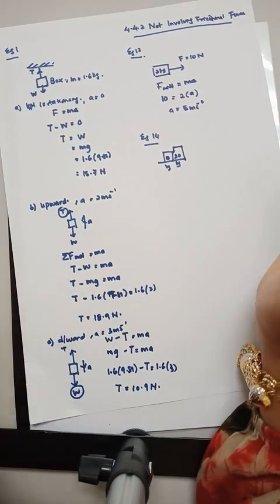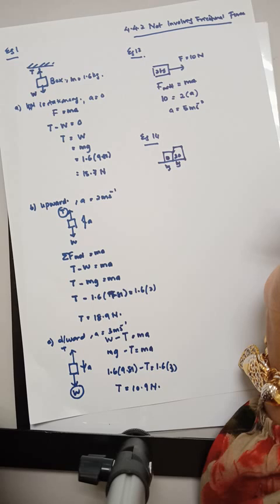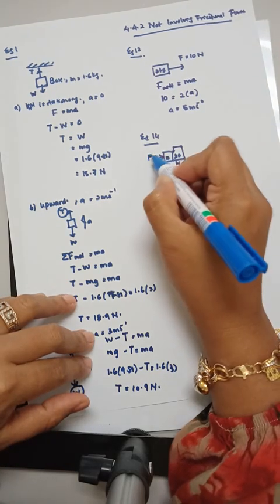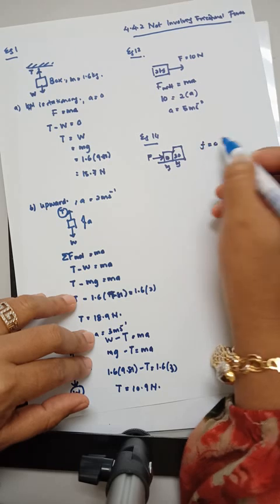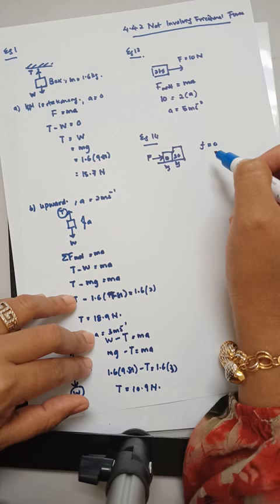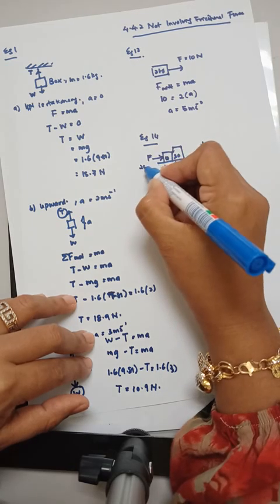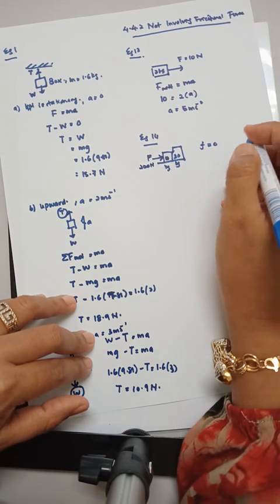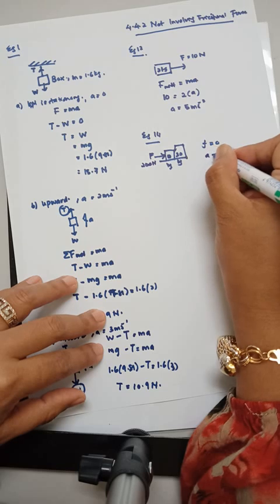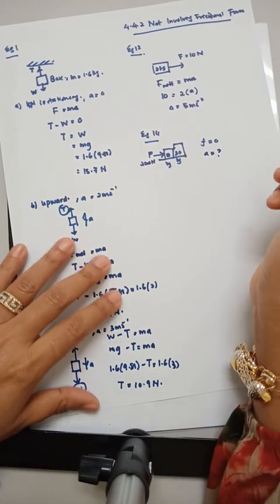Dia duduk bersebelahan dan rapat, okay. They push along to the smooth floor, okay. Bila smooth floor, maksudnya frictional force dia tu tak ada, okay. F of the magnitude 200 Newton. Okay. Applied on A as shown in the figure below. Determine the accelerations of the blocks.